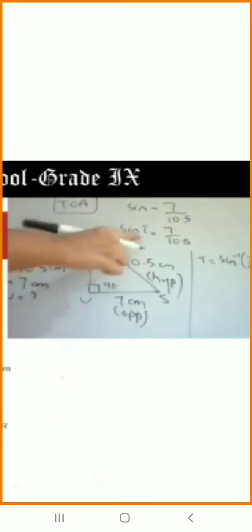Now, because this sine was multiplying with T, we take it to the other hand side and we can apply sine inverse. So when you input this in your calculator, sine inverse 7 divided by 10.5 is equal to 41.8 degrees. So angle T is equal to 41.8 degrees. So this angle is 41.8 degrees. Clear?